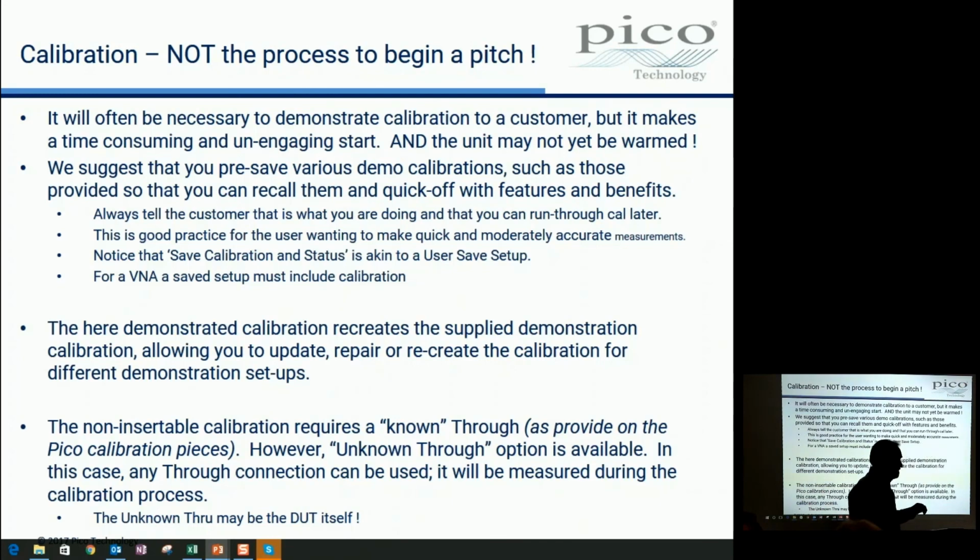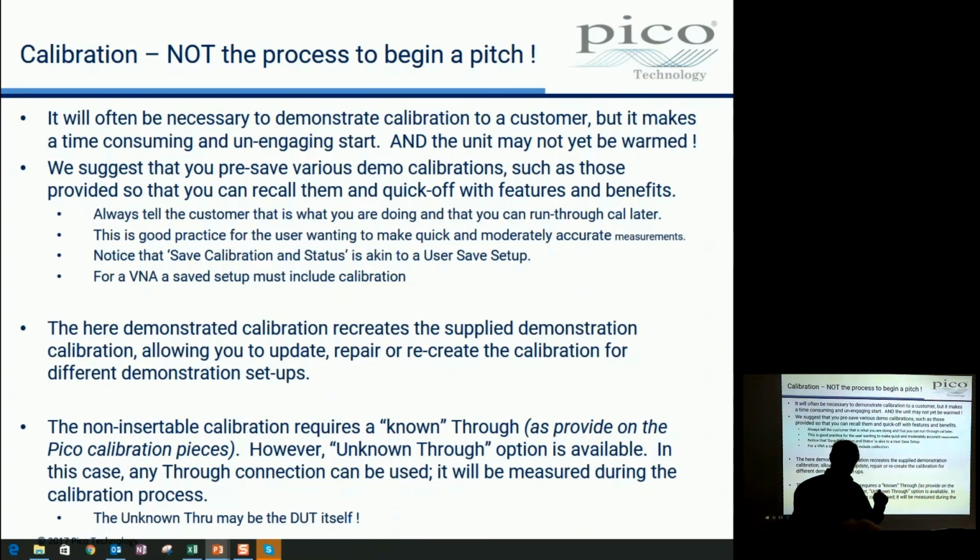And also in certain circumstances, the unknown through can be the DUT, because in that calibration we are going to measure the DUT and work out what its errors are and treat it as a through. And that can give more accuracy in certain circumstances. So the unknown through calibration is a mathematically extremely complicated thing to do.